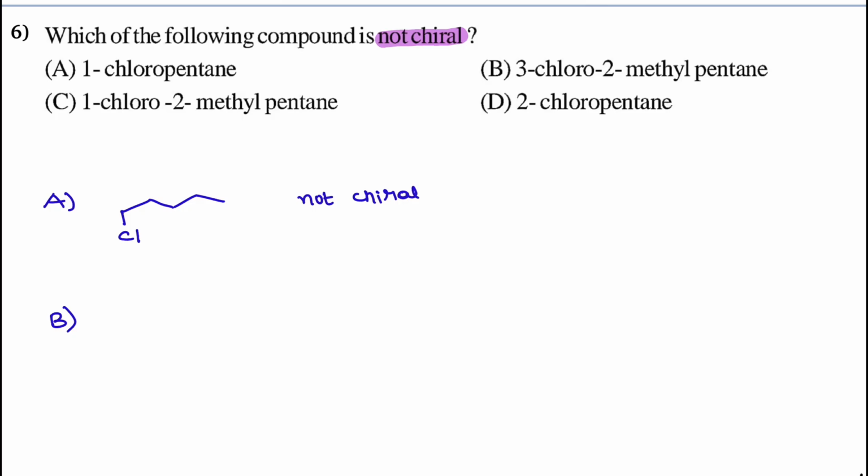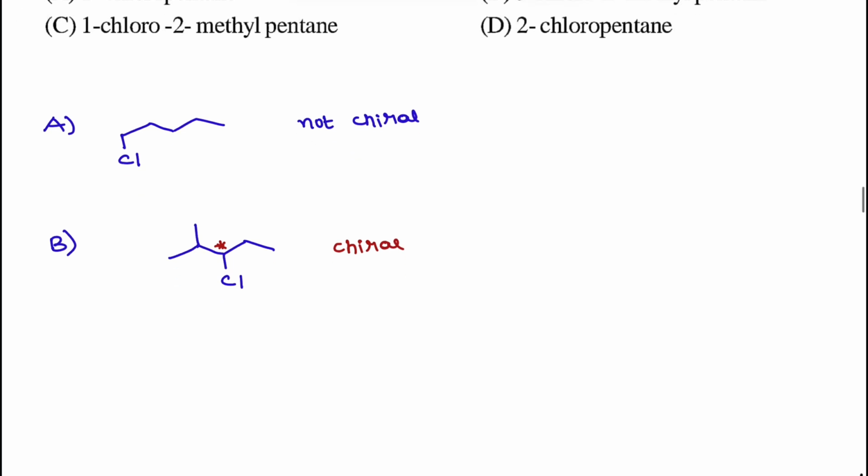3-chloro-2-methylpentane. Yes, you can see there is one chiral center. Therefore, a molecule with one chiral center is always chiral. And option C, 1-chloro-2-methylpentane.